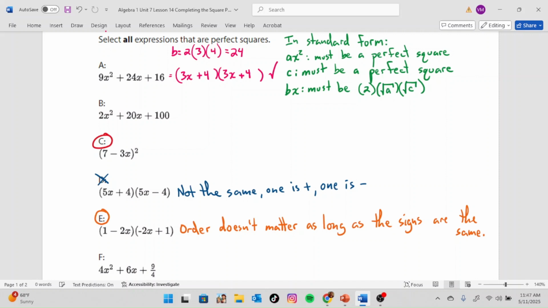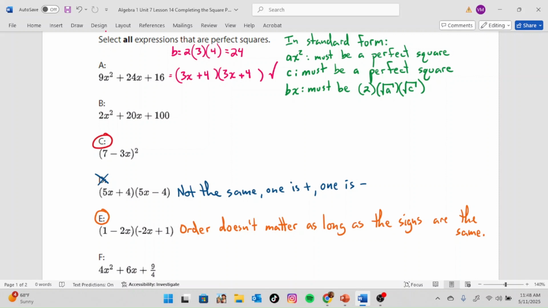So this is correct. If you want to double check yourself, 3x times 3x is 9x squared. 3x times 4x is 12x. 4 times 3x is 12x. And 12x plus 12x is 24x.